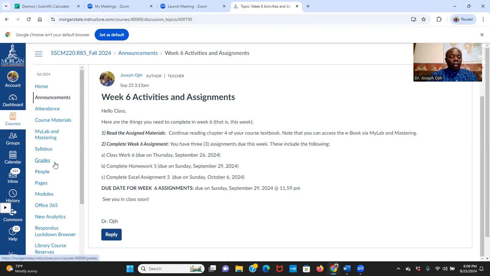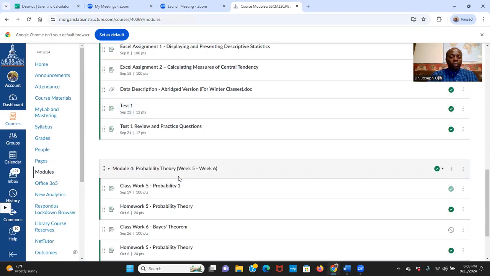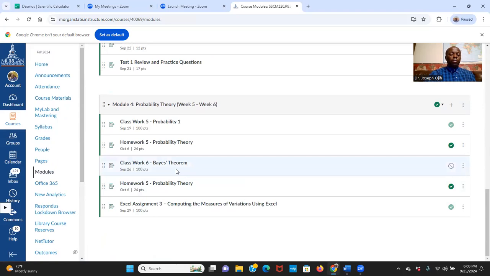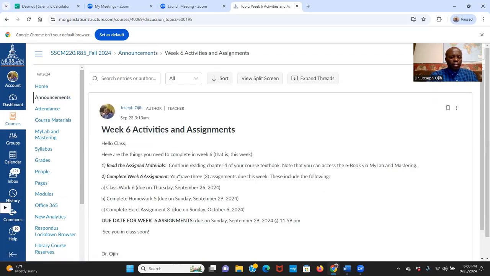And of course, you can access these assignments by going to the modules and then scrolling down to module 4. This is where you see the classwork. Some of you have already done the classwork. That's excellent. Actually, this is the old one. What we have is classwork 6, I believe. Yeah, classwork 6.